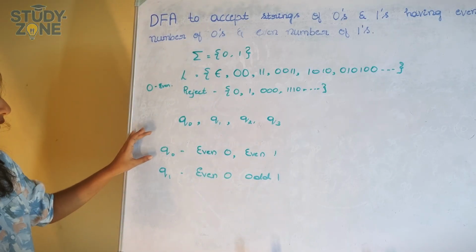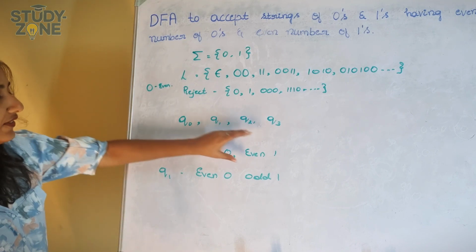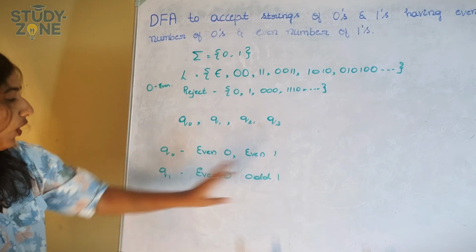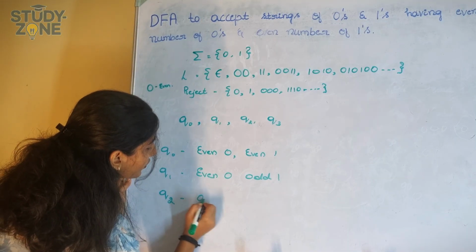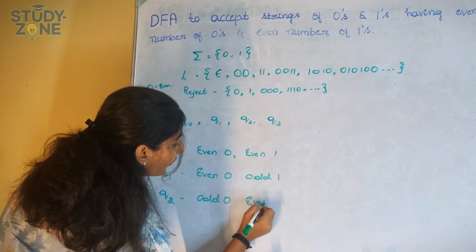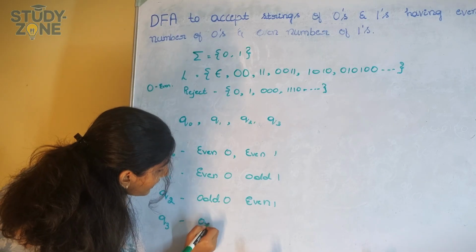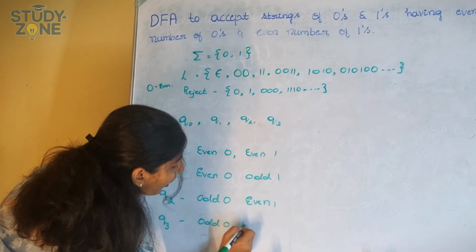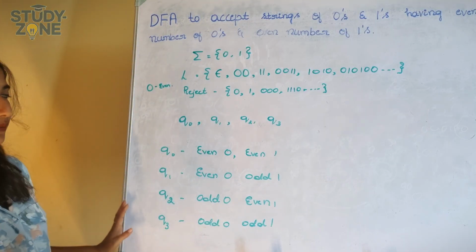Remember this one, we have to check all the possible combinations. Q2 will be the state which is going to accept odd 0, even 1, and Q3 will be the state which is going to accept odd 0, odd 1. So we have all the possible combinations.